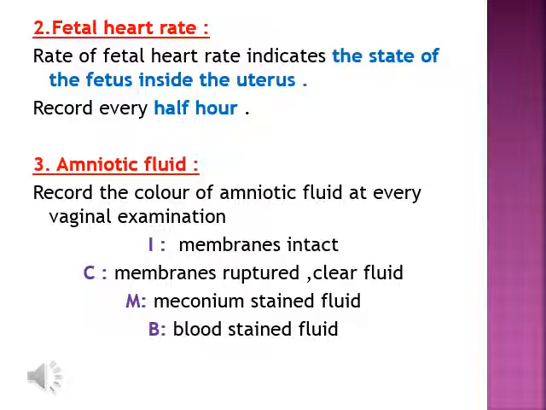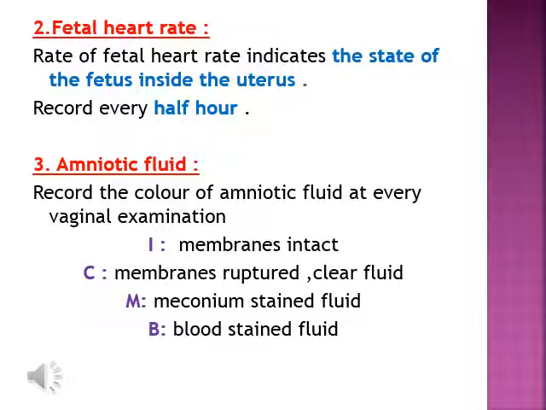Here the fetal heart rate indicates the state of the fetus inside the uterus, and the FHS is recorded every half an hour. And just below the fetal heart rate comes the amniotic fluid. So here record the color of amniotic fluid at every vaginal examination. We will check whether the membranes are intact, and if ruptured, you need to mention whether the fluid is clear.